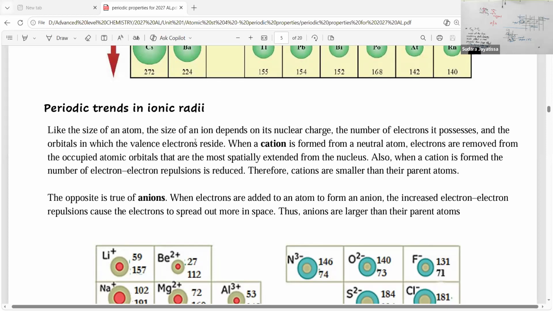Now can you point out those factors? They were hidden inside the paragraph. What is the first factor? Take sodium for example. Sodium has one electron in the outer energy level. If you remove that electron, it has only two energy levels. That is a reason for the lower size.